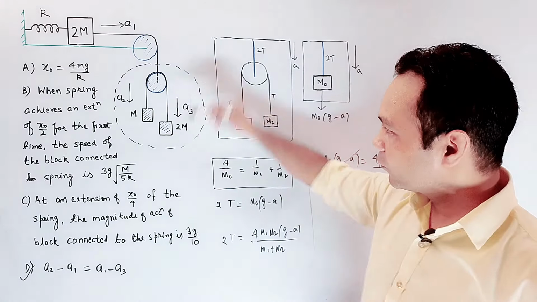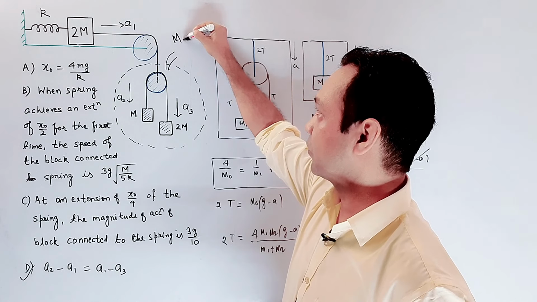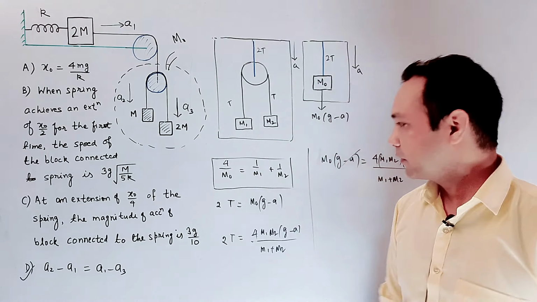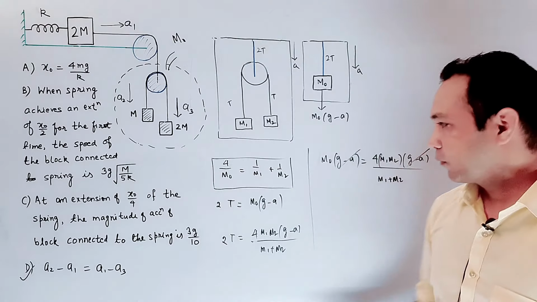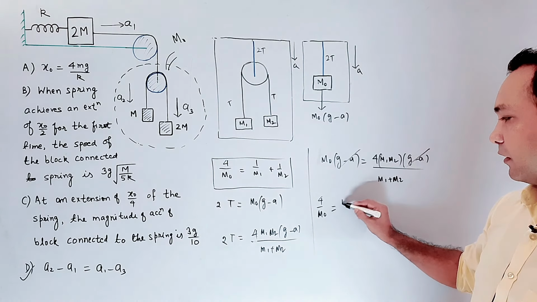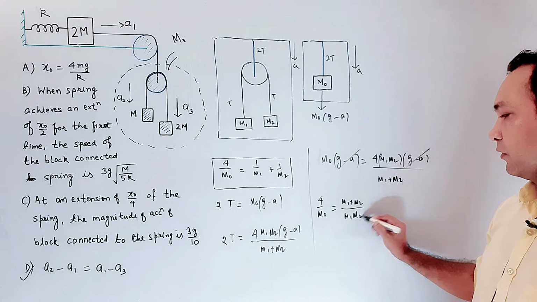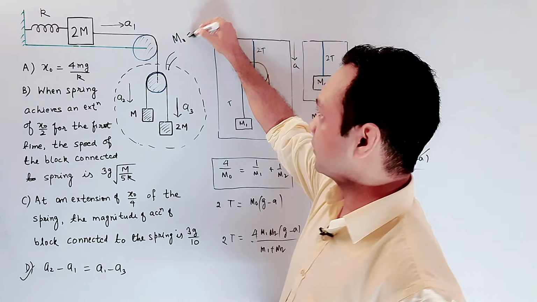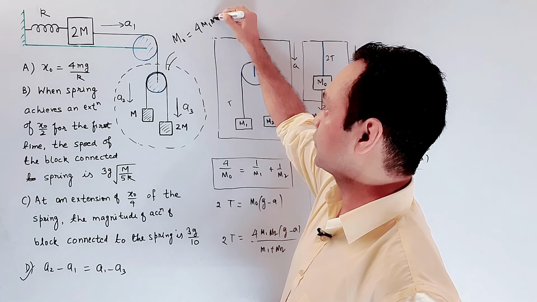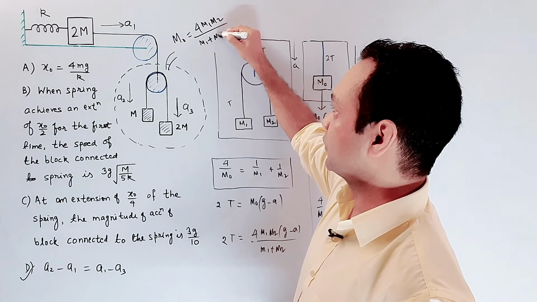So I want to replace this whole setup by a single mass m naught, and that m naught will be, from this formula, 4 by m naught, I can write that as m1 plus m2 upon m1 m2. So that m naught will be 4 m1 m2 divided by m1 plus m2.